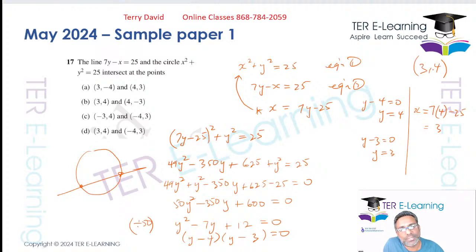The second solution, x is 7 by 3 minus 25, so that's 21 minus 25, which is minus 4. So this solution is minus 4, 3. Therefore the answer is D, like you all said. The answer is D.